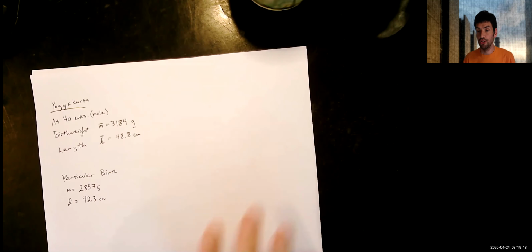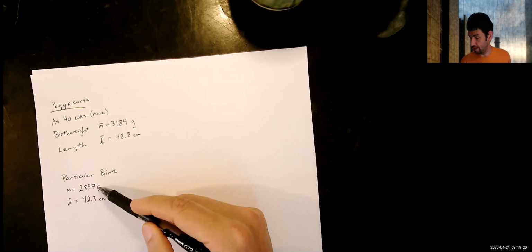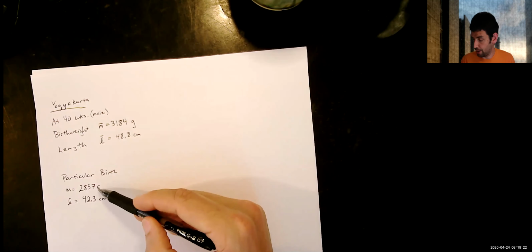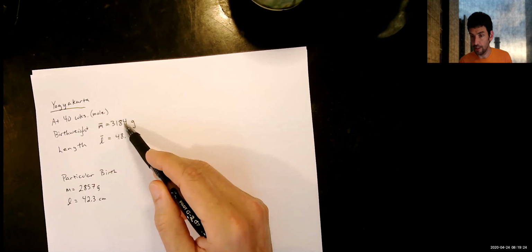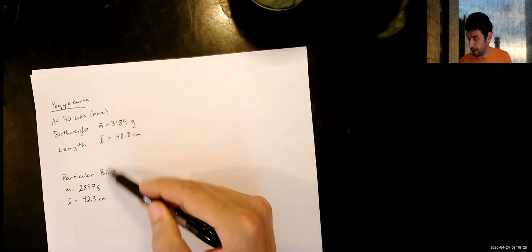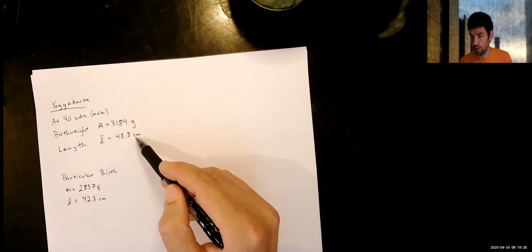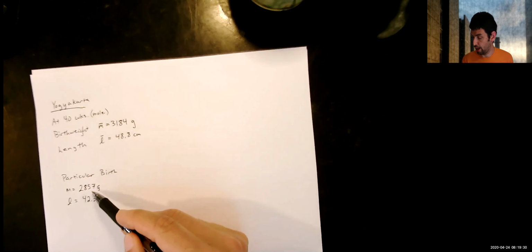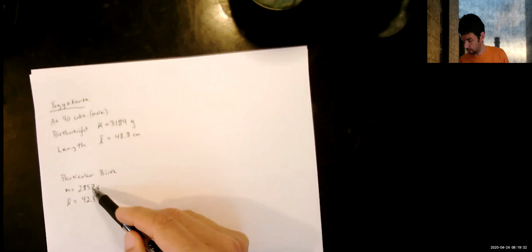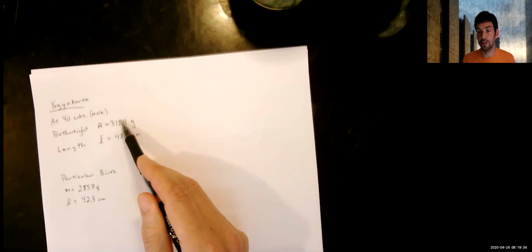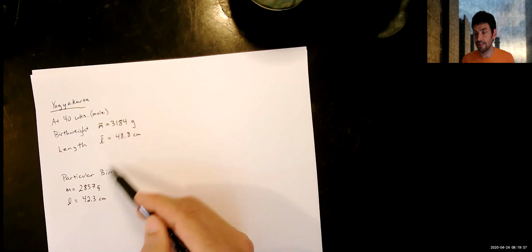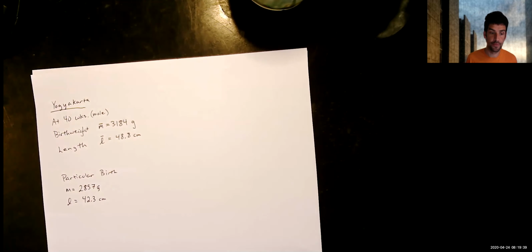Okay, so notice in both cases our brand new baby boy is a little bit below the average mass and a little bit below the average length, right? So we are about 300 grams below in weight and about 6.5 centimeters below in length, right?